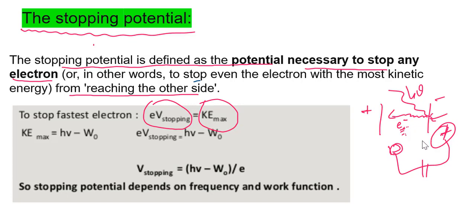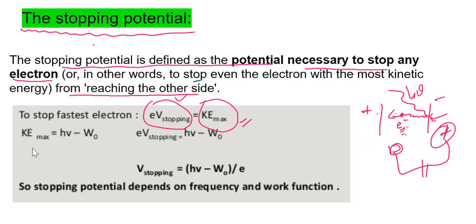Whenever this eV equals KE, only then will this electron stop. This electron will stop here, otherwise it will reach. Suppose you apply extra, then the electron will come back. So the electron stopped here means we applied the voltage times charge equal to the kinetic energy.